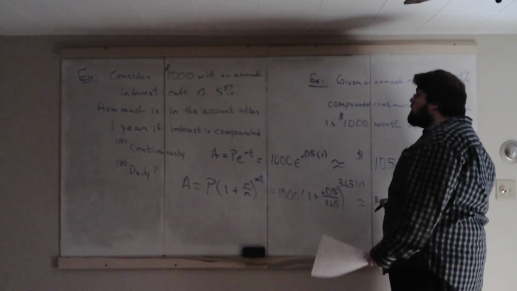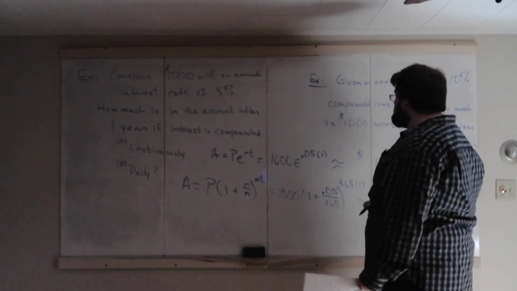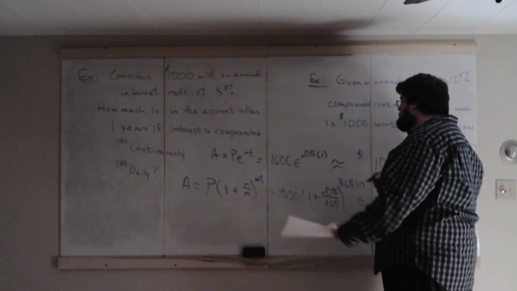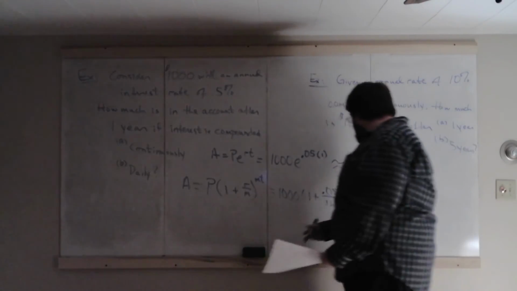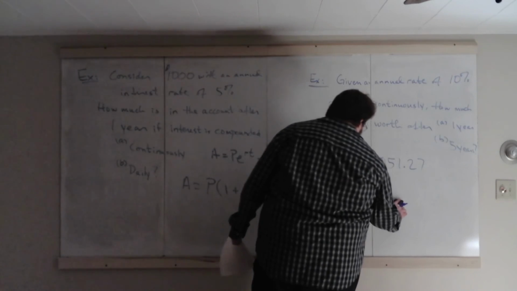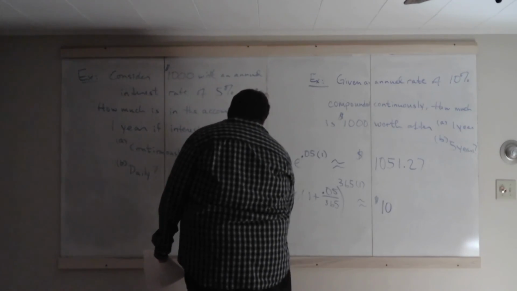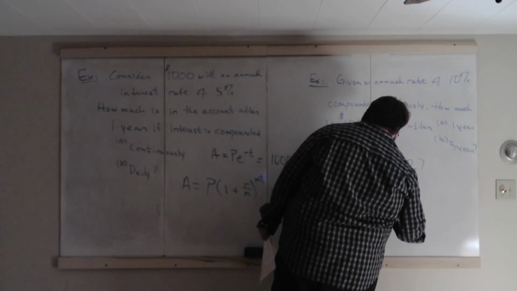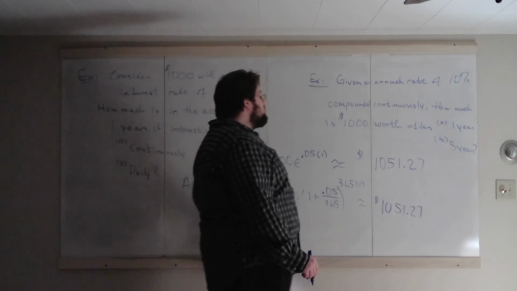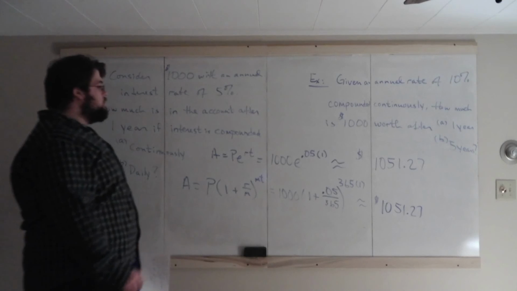But you'll notice here, with this example from the textbook, compounding continuously and compounding daily, rounding to 2 digits at the end, actually resulted in the same net amount in the account.